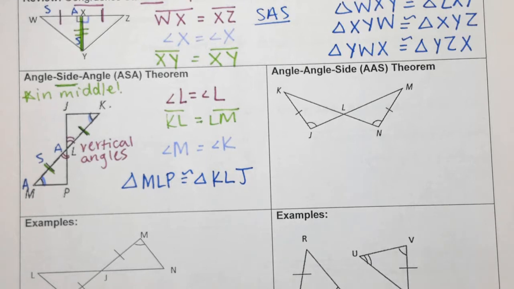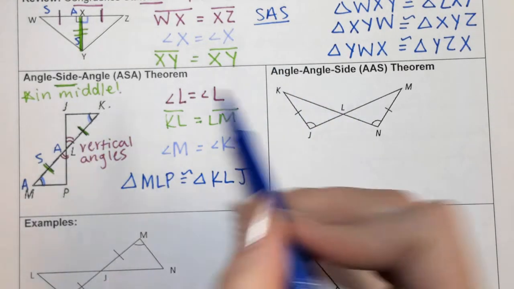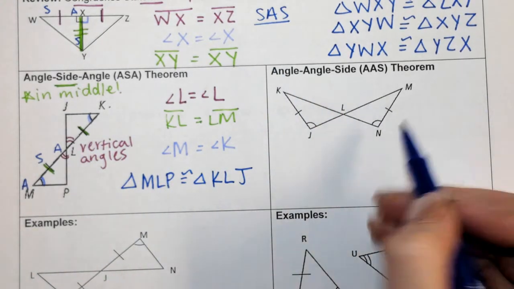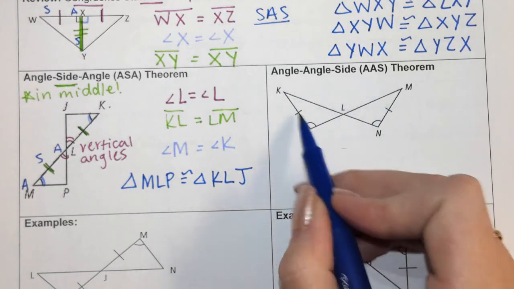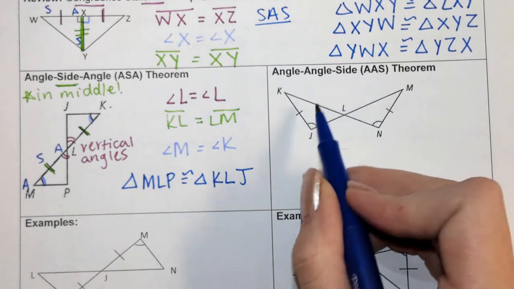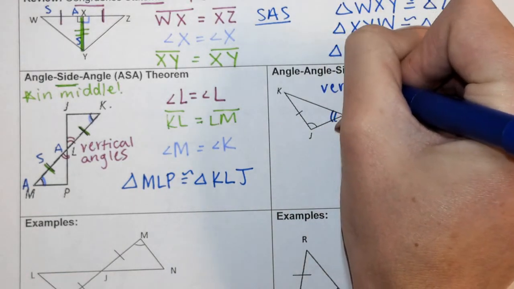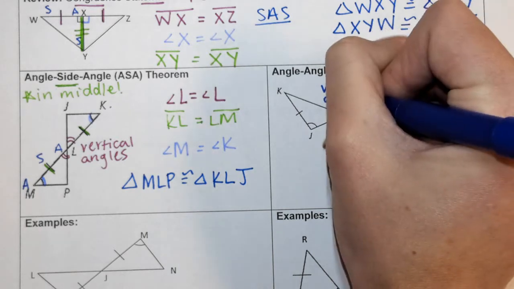And now our very last congruence theorem, we have angle, angle, side. So it's very similar, but just a little bit different. So again, if I look at this picture, I only see 2 pieces of information, and I always need 3. But here in the middle, you should see that giveaway again, that these are vertical angles.